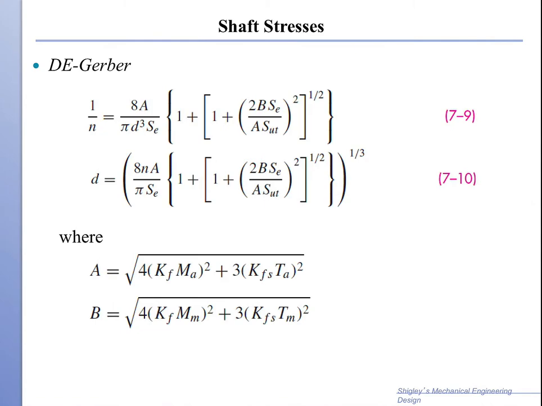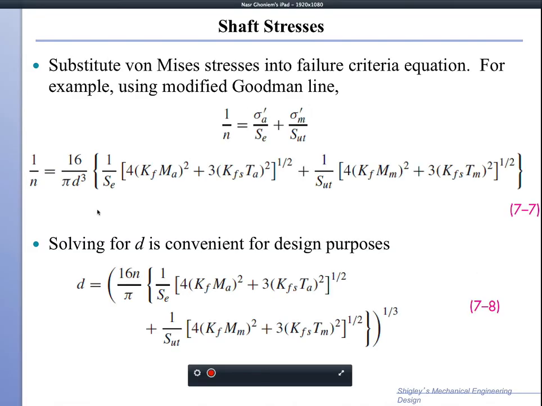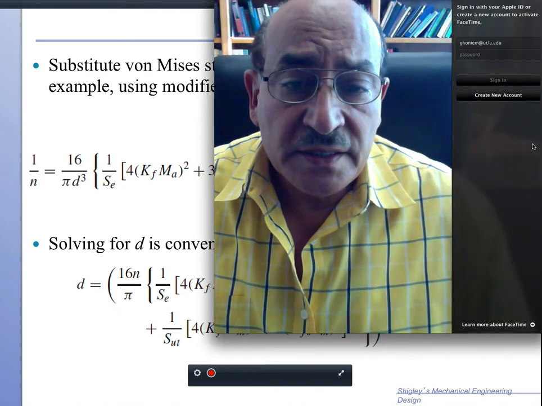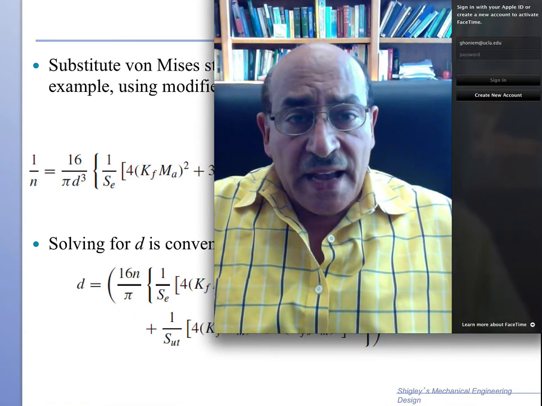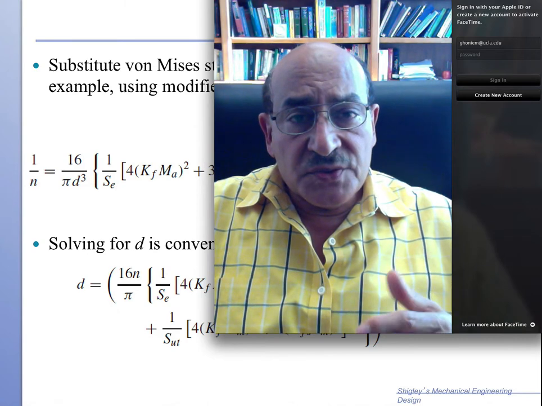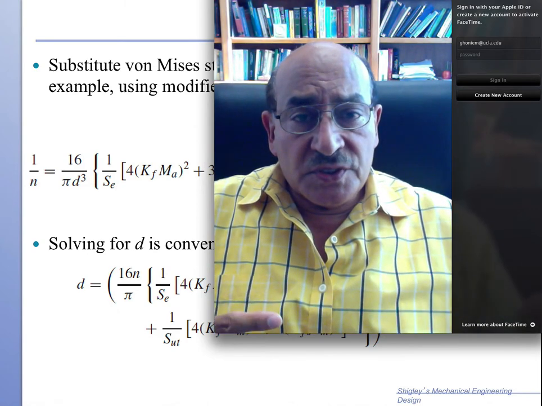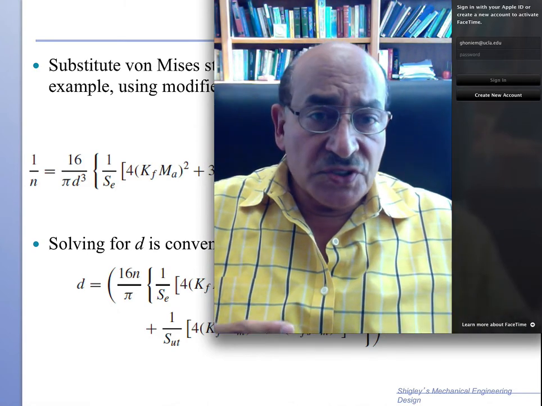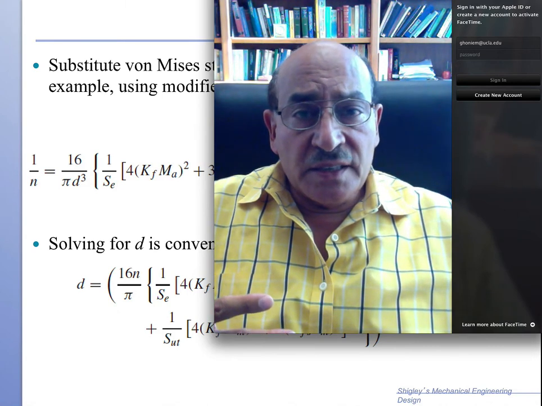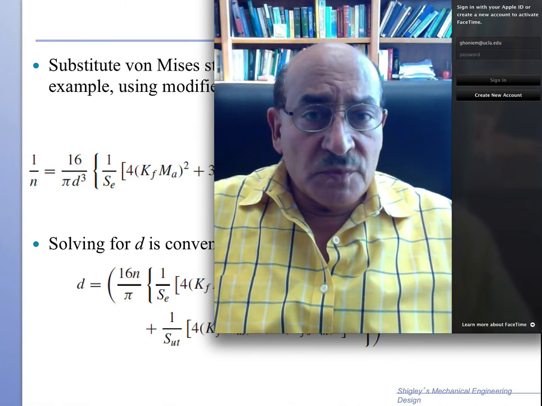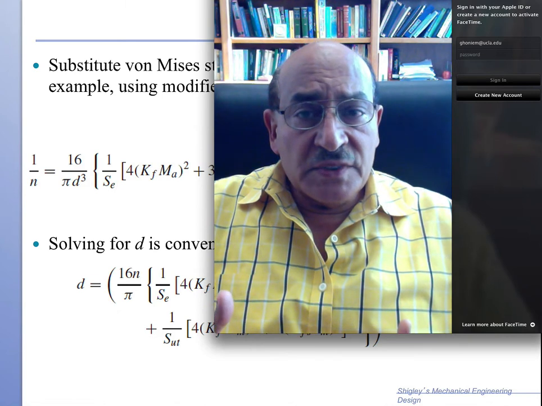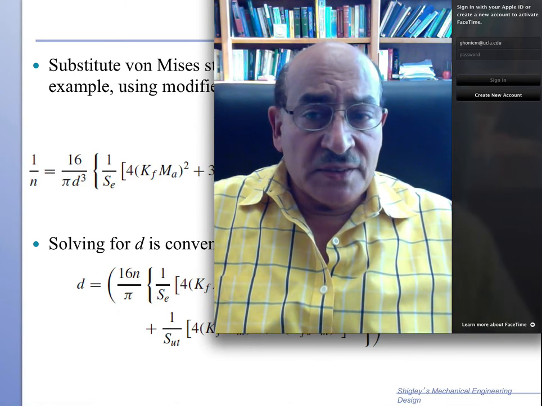So as you can see here, these equations that we described come exactly from what we've learned before, because we are able to compute the shear stress due to torsion and the bending stress due to a bending moment, and then we can combine them into von Mises and use them into modified Goodman.